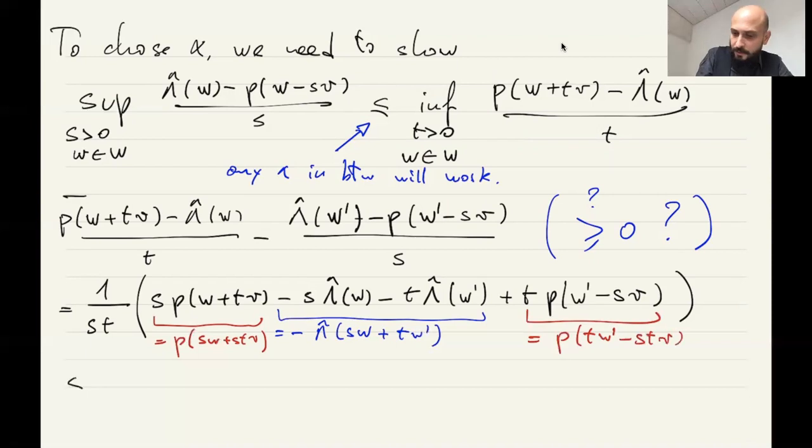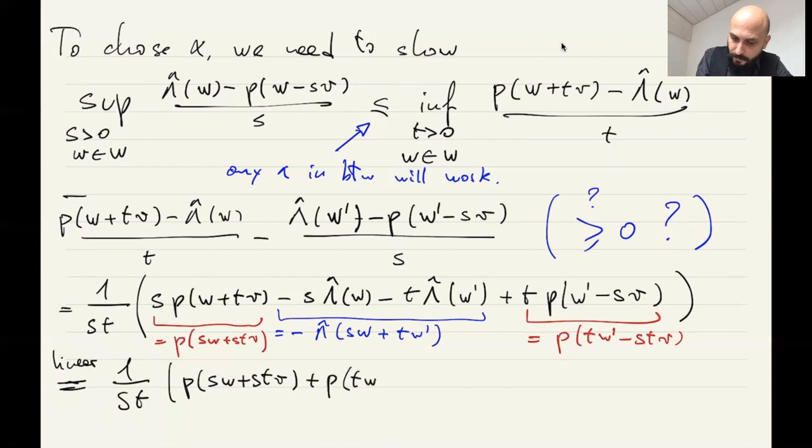Now this is really equal by linearity to 1 over st times p of sw plus stv, plus p of tw prime minus stv, minus lambda of sw plus tw prime.